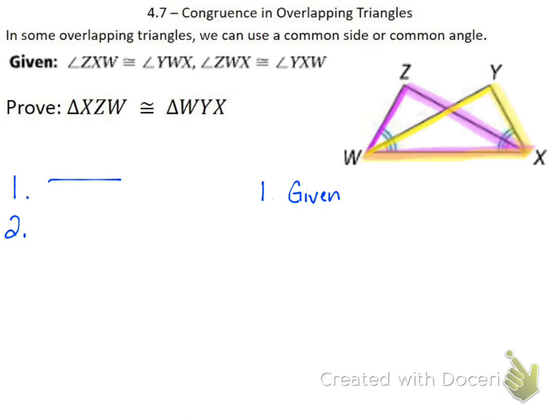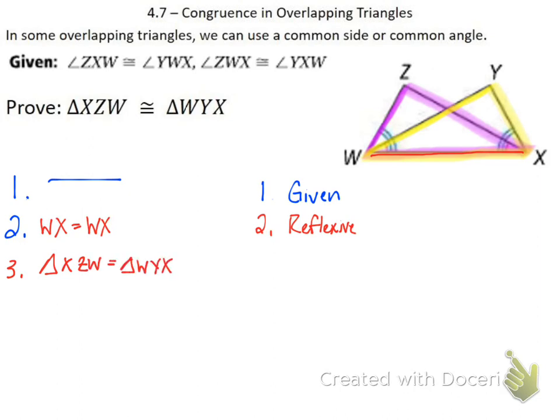You can tell that right here is where the yellow and the purple are overlapping. So I can say that WX is equal to WX by the reflexive property. Then I know my triangles are equal to each other, so triangle XZW is equal to triangle WYX.